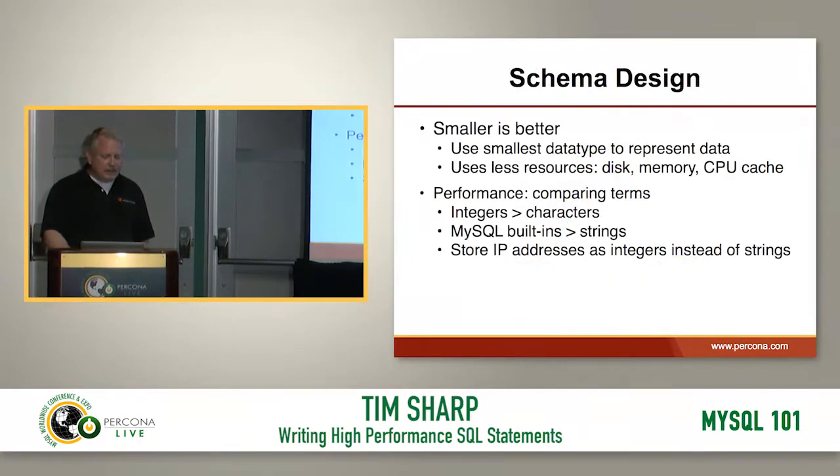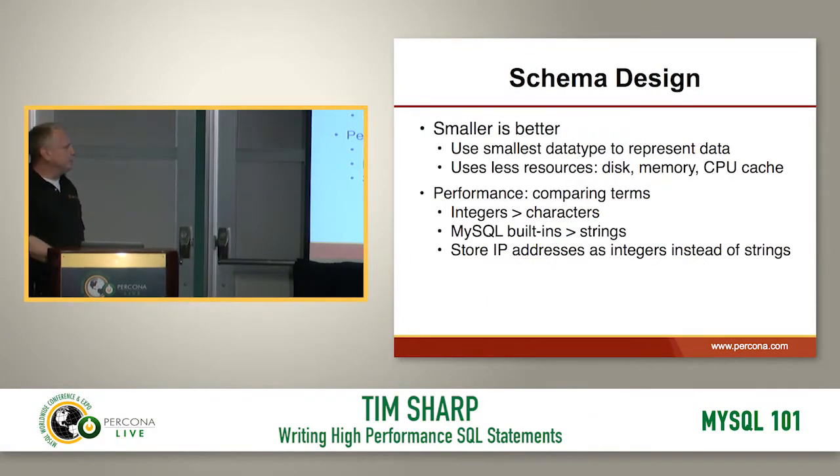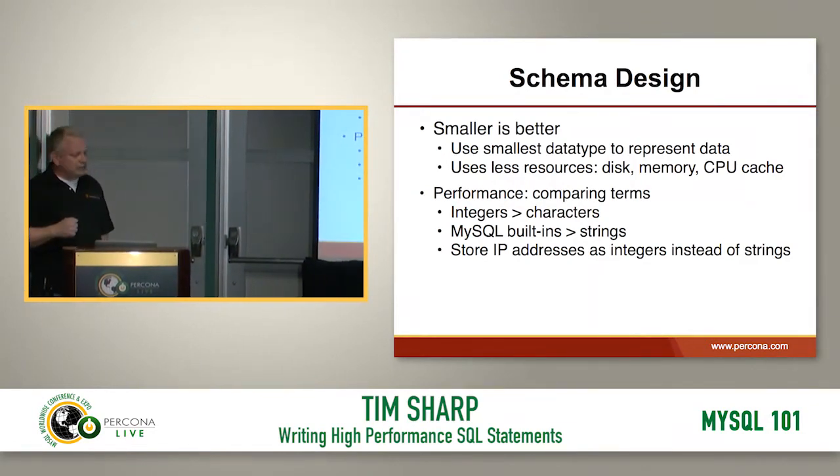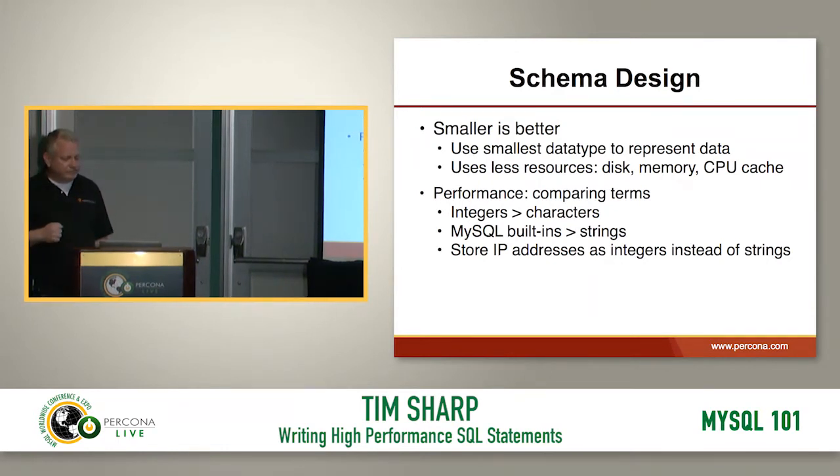So the first thing is you should use the smallest possible data types. Unless you're expecting to have 2 trillion users, you don't need to use a bigint for a user ID. Figure out what is the maximum number of values for a particular column, and choose your data type appropriately.